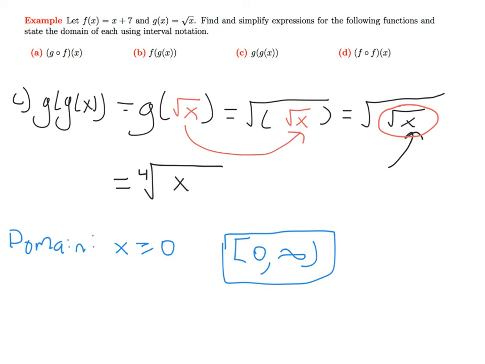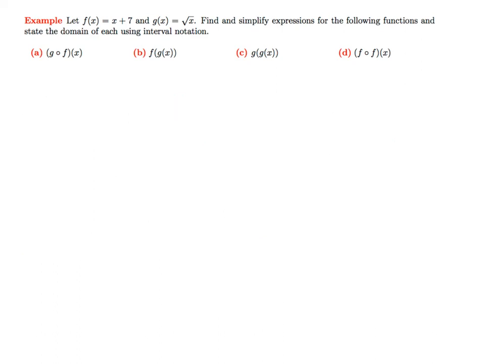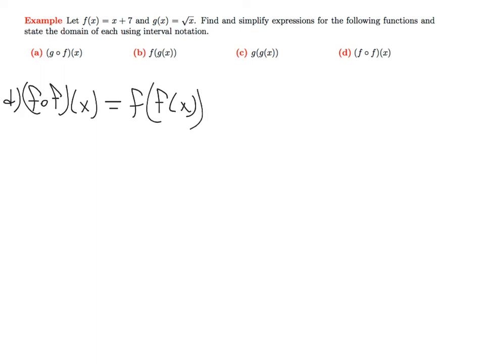And finally, in part D, we're now composing the function f with itself. So here, f composed with f means I first take x and plug it into f of x, the inside function, and then we take that result and plug it into the outside function, which is f of x again. So replacing the first x, say in the outside function, we could take f of x and plug it in here.